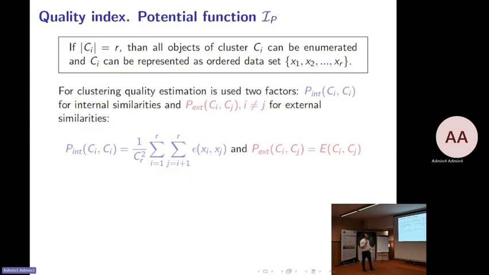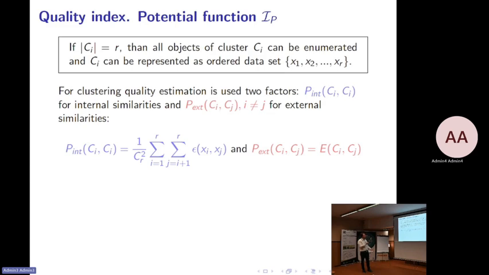And when we already have some clustering system, it's time to evaluate the quality of the clustering system. To evaluate it, we will use an indicator which is based on two components. The first component calculates clusters' internal similarities, which we are trying to maximize.